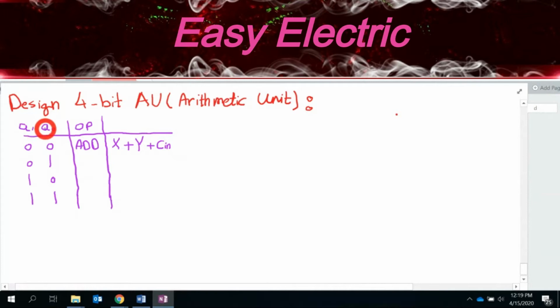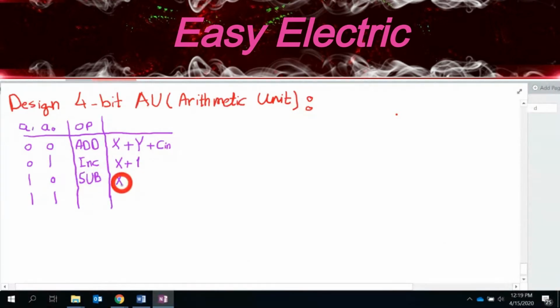Whenever A1 is 0 and A0 is 1, what the unit should do is increment. That means the X that you have, the 4-bit number, is incremented by 1, so it should calculate X plus 1. Whenever it is 1, 0, it should subtract.